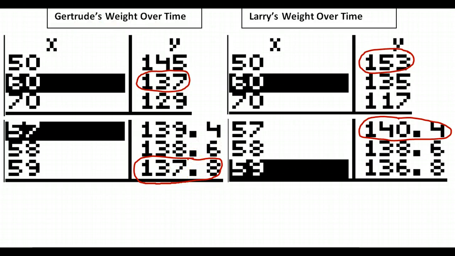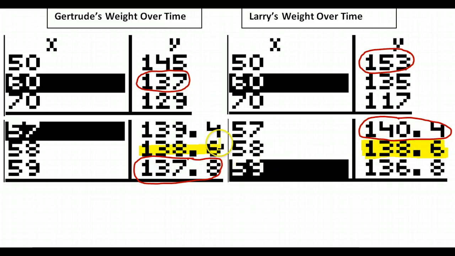So obviously by now you've probably seen it. If you look right at 58 weeks, who weighed more at 58 weeks? Trick question, right? Neither one of them weighed more at 58 weeks. At 58 weeks, they both weighed exactly 138.6 pounds.